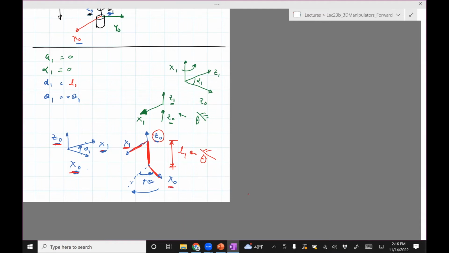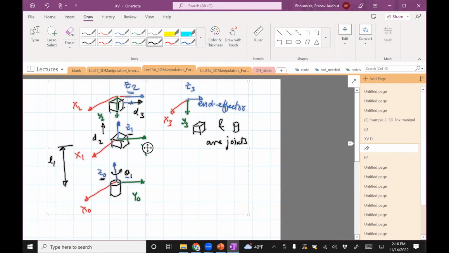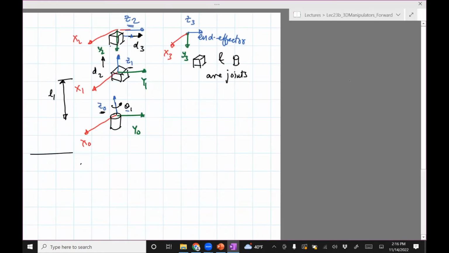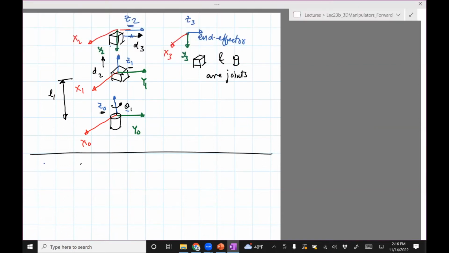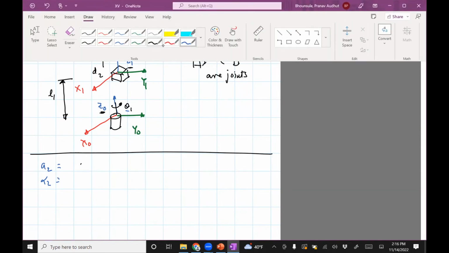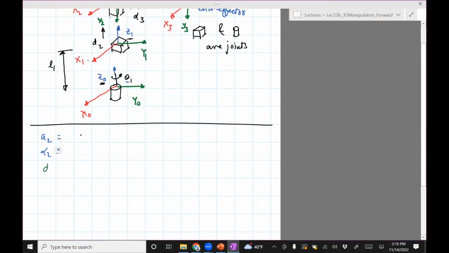We just keep doing that for the second and the last end effector link. Let's do that for link 2. So A2, alpha 2, theta 2.